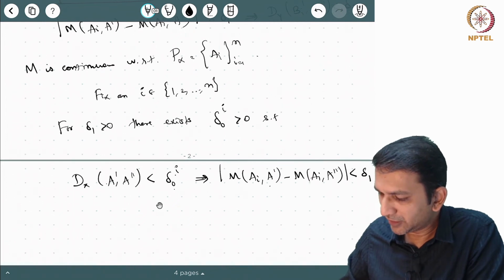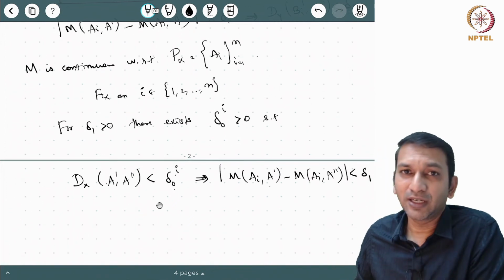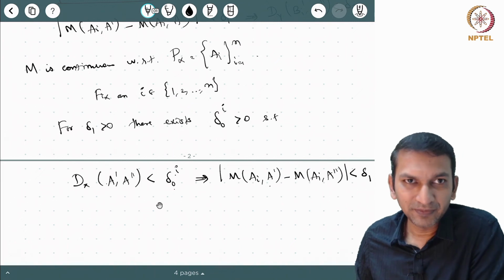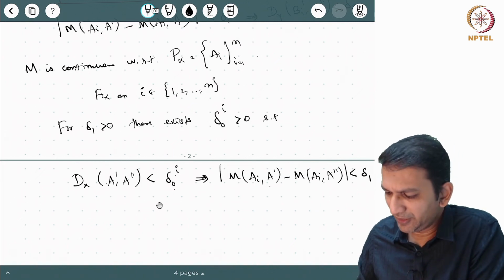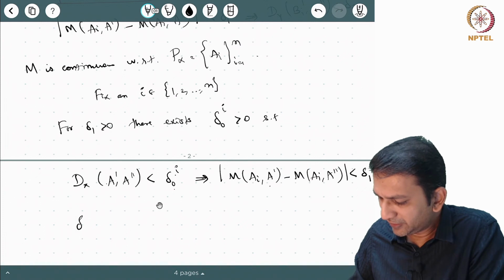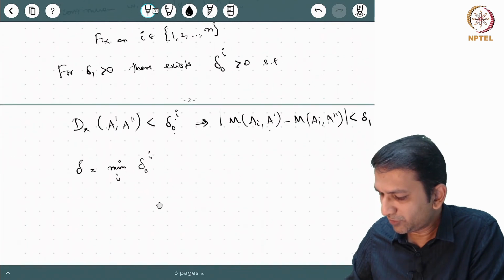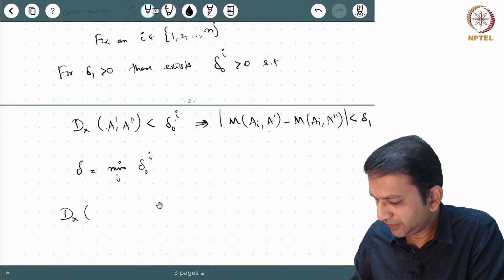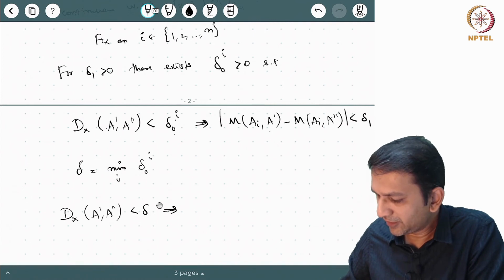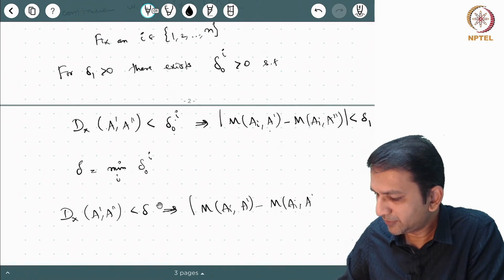Now this is an arbitrary i because it is continuous with respect to every ai, the whole partition or the covering px. Now let's define delta to be once again the minimum over i of delta naught i, and clearly whenever dx of a and a' is less than delta, this implies |m(ai, a') minus m(ai, a'')| is less than delta 1.